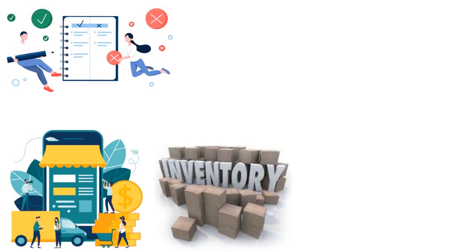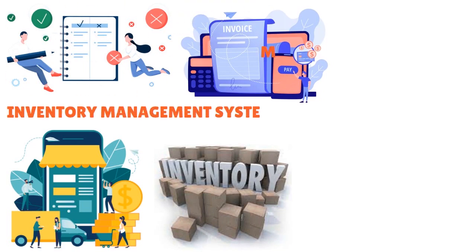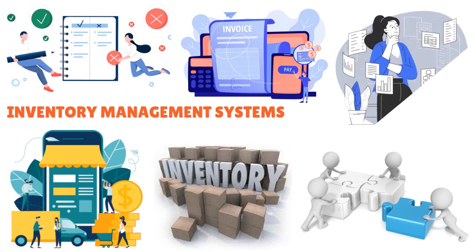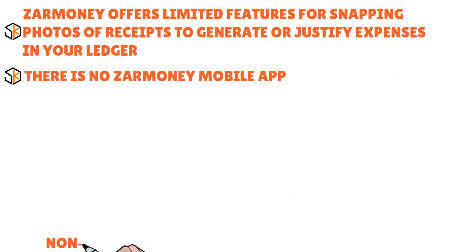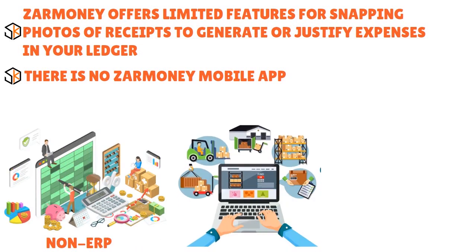So you want to make sure that your accounting software and inventory management system are fully integrated. In most cases, you wouldn't get an expensive, complicated enterprise resource planning system to handle both from within one interface. ZarMoney, though, is a non-ERP, low-cost accounting software with robust inventory management features.